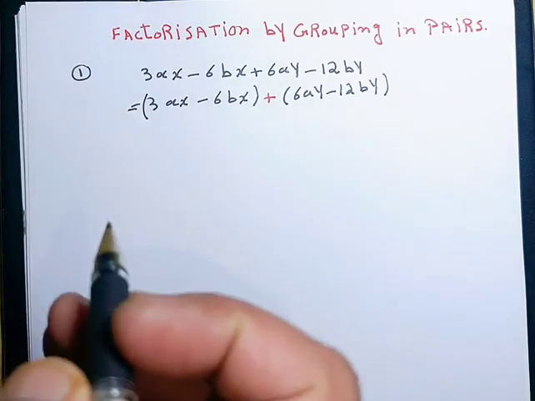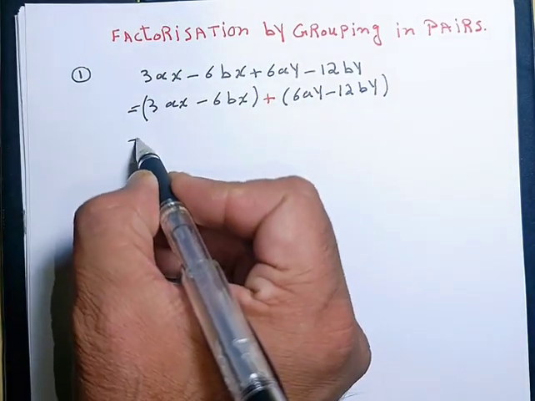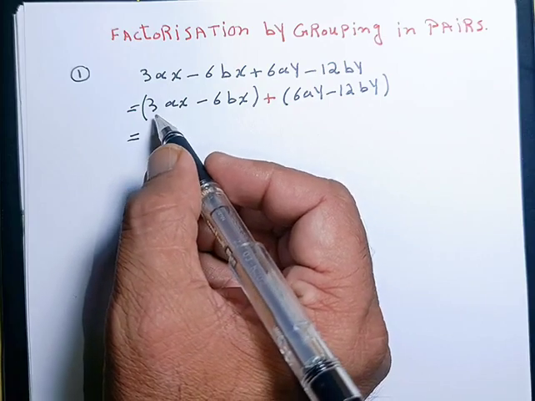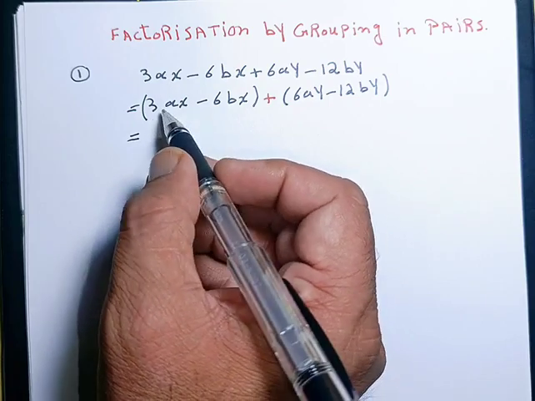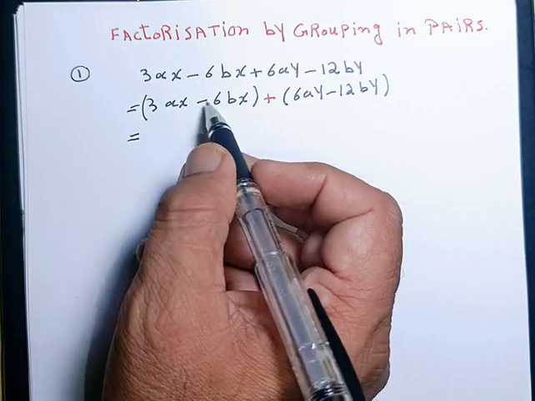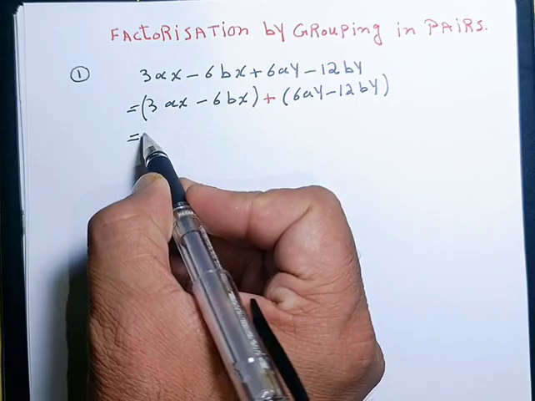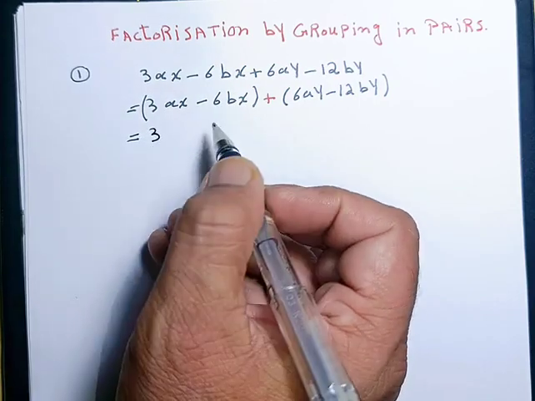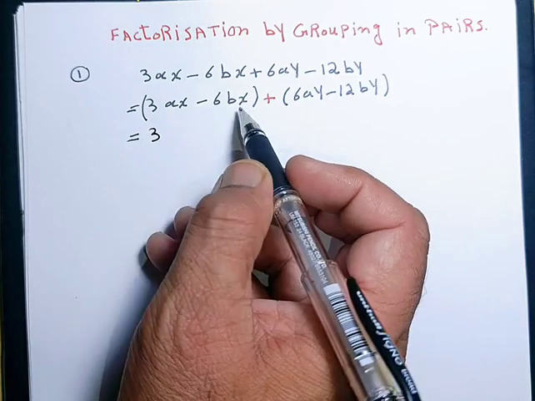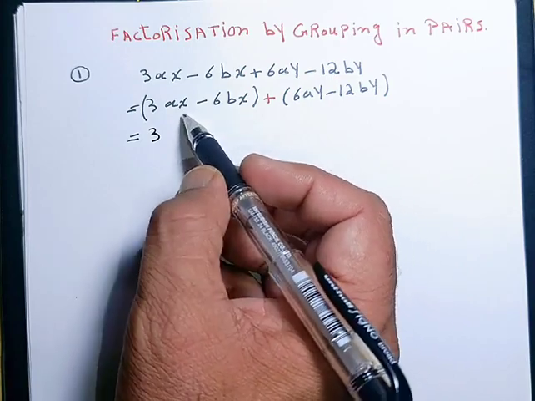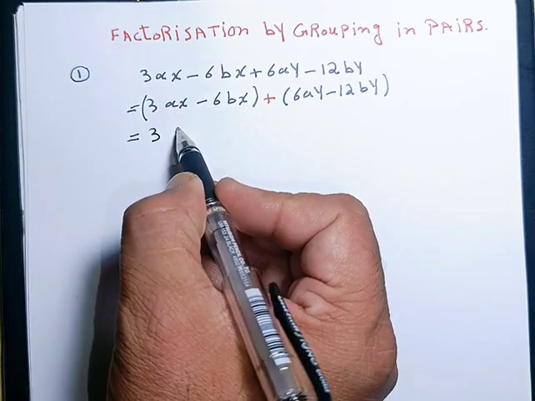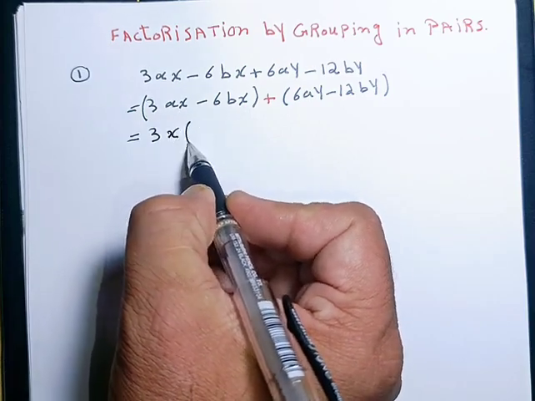Now factorize each term. Have a look here. The common factor will be 3, because 3 can divide by 3 and 6 also can divide by 3. So 3 is my common factor, and x is also a common factor because x exists in both terms.